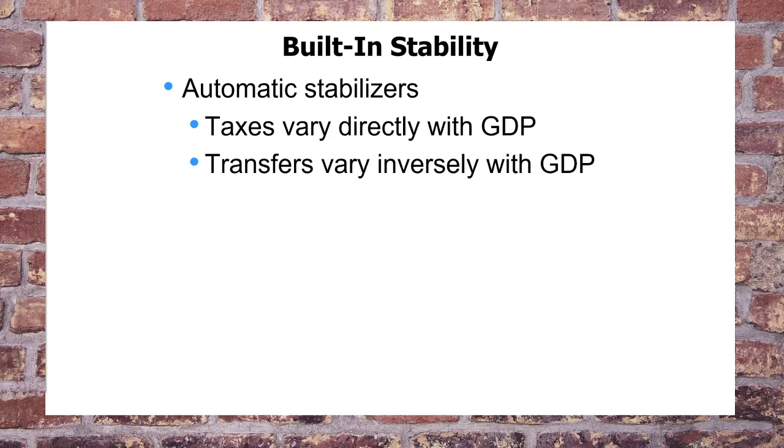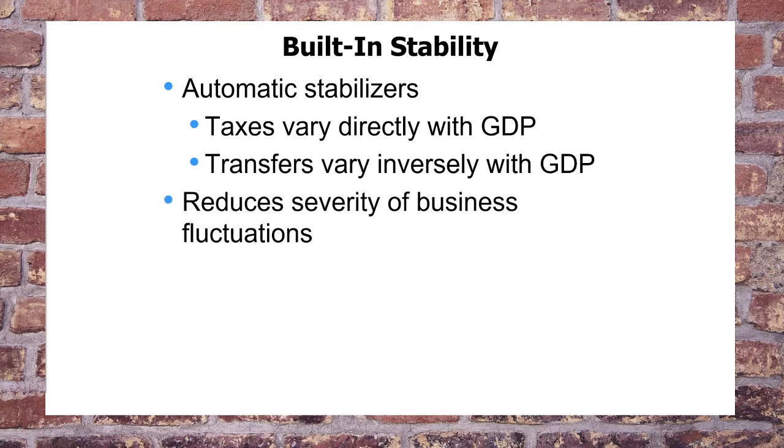As GDP is falling, unemployment, welfare, Medicare, things like that tend to increase. That's going to give us a parachute, in a sense, to slow down the business cycle. We don't want to come crashing down. It reduces the severity of business fluctuations. A lot of this is caused by the uncertainty in business, and the government's there to try to brace the fall.